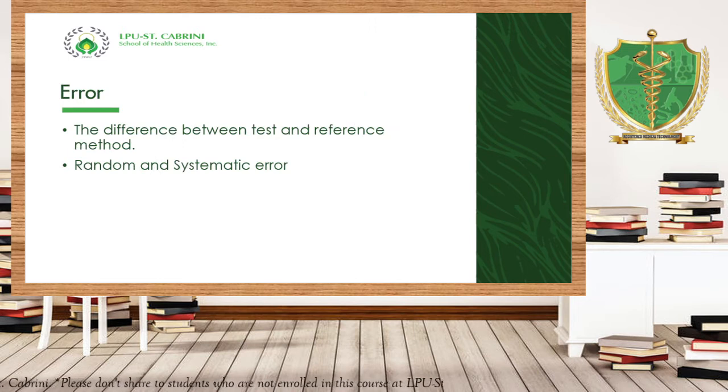So we have here error. Now this is another concept, and when you say error, that is the difference between the test and the reference method. Usually error is categorized as random error and systematic error. A while ago in our Westgard rules, we said that this rule detects random error, this rule detects systematic error.